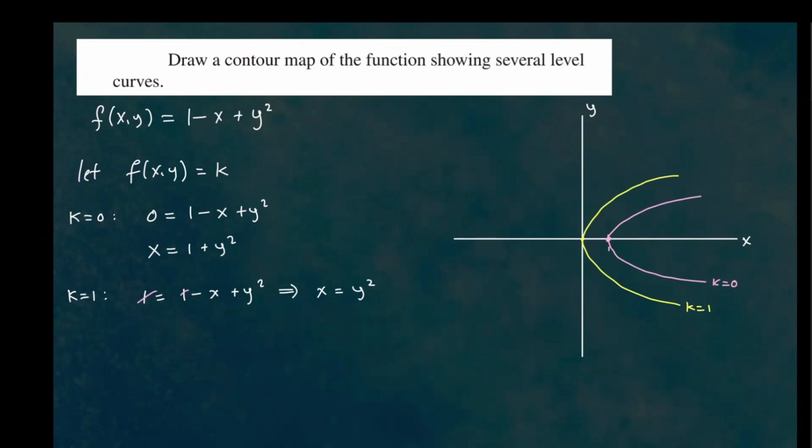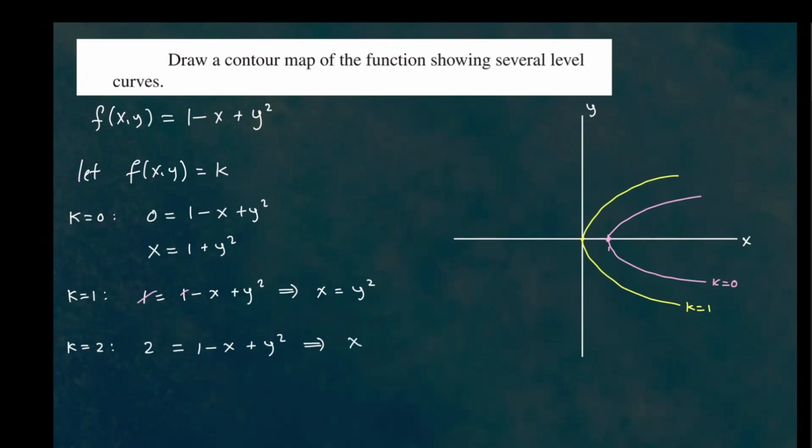So hopefully you have an idea of how this is generated. The next value I'm going to pick is k equals 2. So if you let k equal 2, you're going to get the following equation. So you'll have 2 is equal to, again, I'm substituting 2 for f(x, y). 2 is equal to 1 minus x plus y squared. Again, I can subtract 1 from both sides and then add x to both sides.